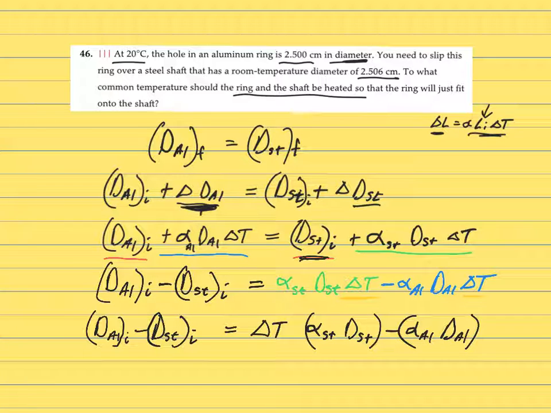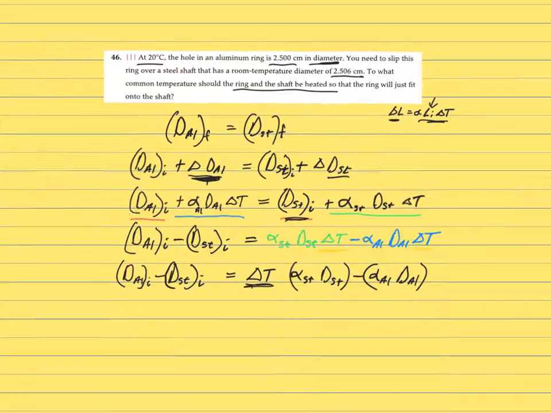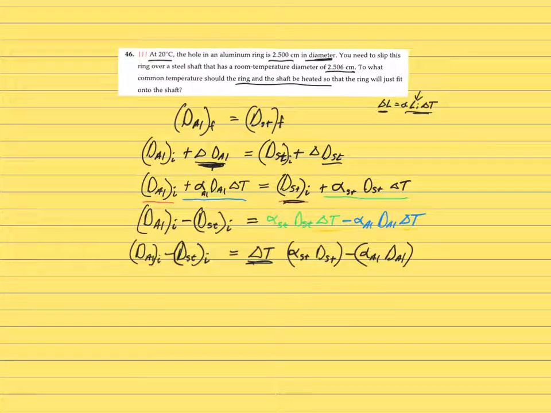And now I've got to get this change in T all by itself. And I'm going to run out of colors. I'm going to take this and divide that by both sides. And I'm going to bring that over here.